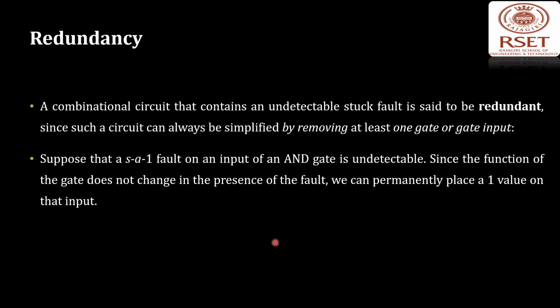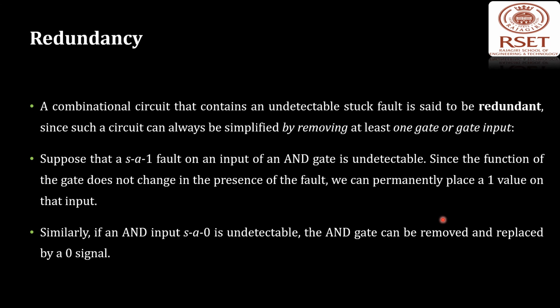So we can say that an n-input AND with a constant 1 value on one input is logically equivalent to an n minus 1 input AND, which is obtained by removing the gate input with the constant signal. Similarly, if an AND input SA0, which is stuck at 0, is undetectable, then how can we solve that? The AND gate can be removed and we can replace it by a 0 signal.